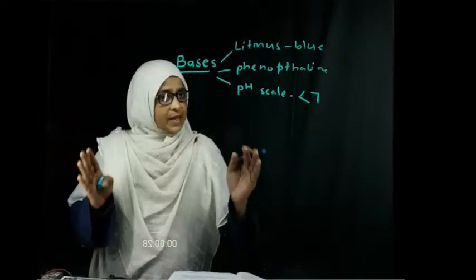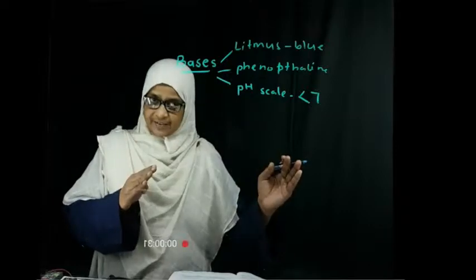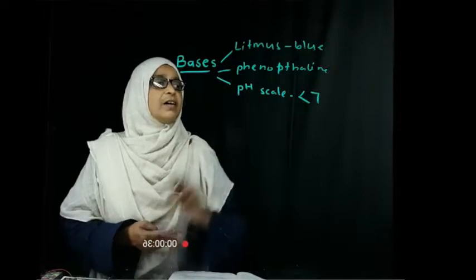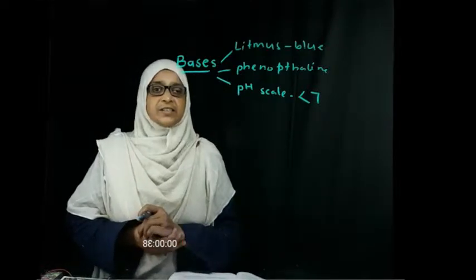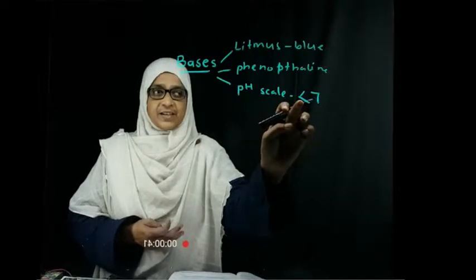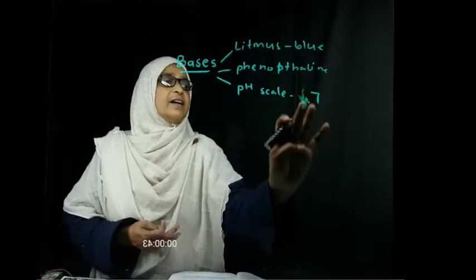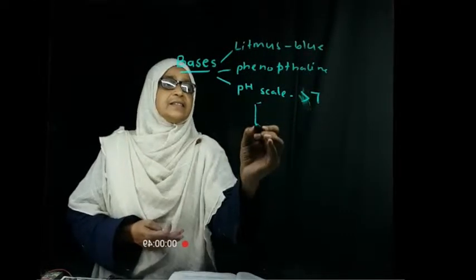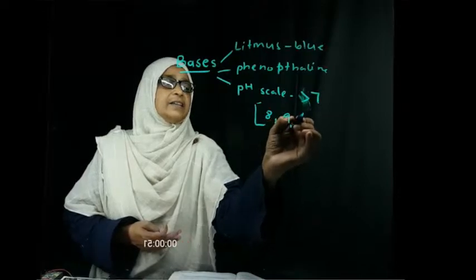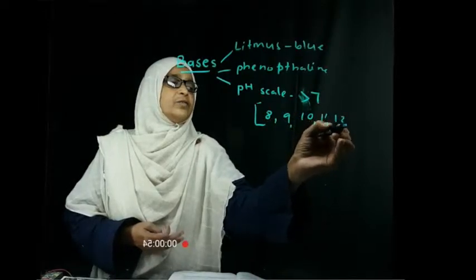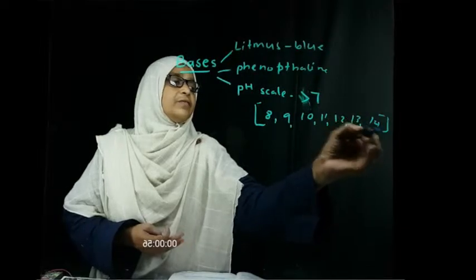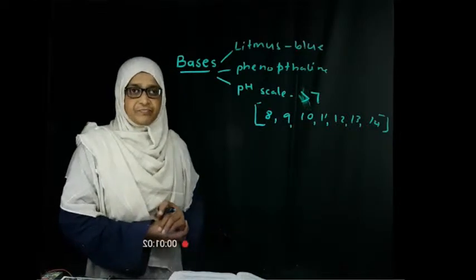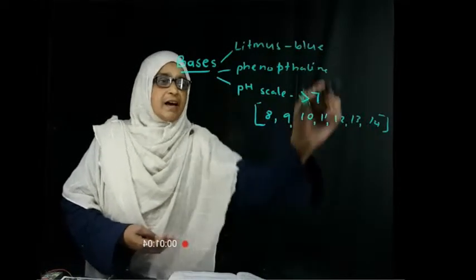What is the range of pH scale? 1 to 14. 7 is neutral. So, greater than 7 is what? This is less than 7, isn't it? So, bases are greater than 7. Then that is 8, 9, 10, 11, 12, 13, 14. That's the range.